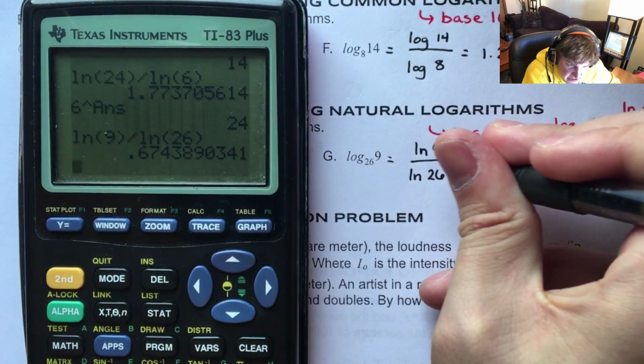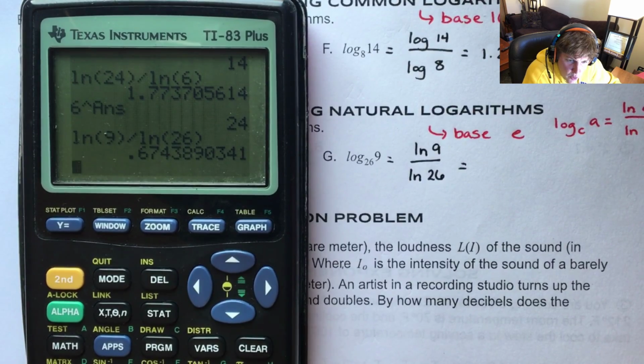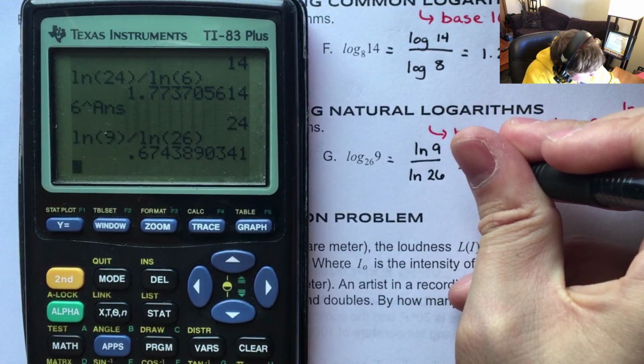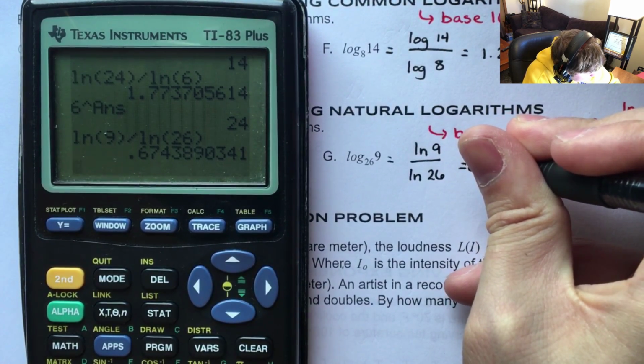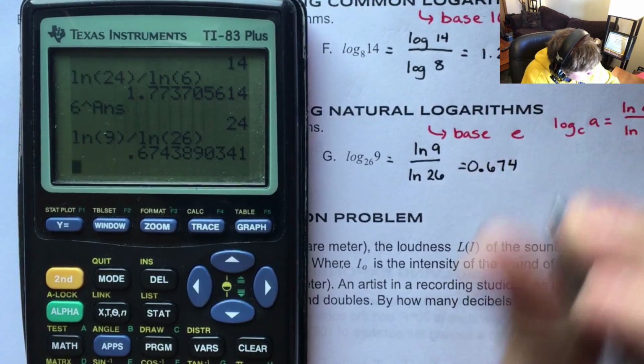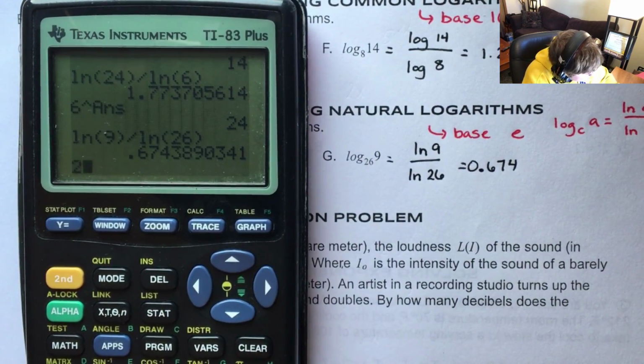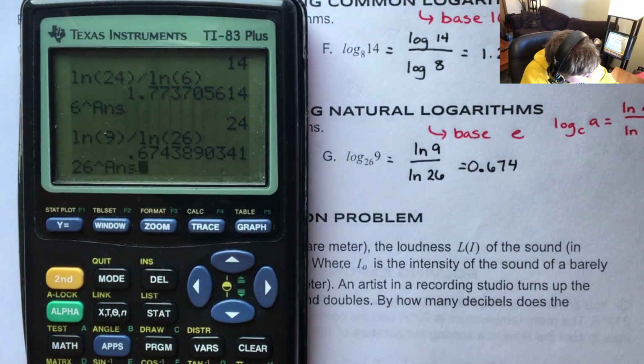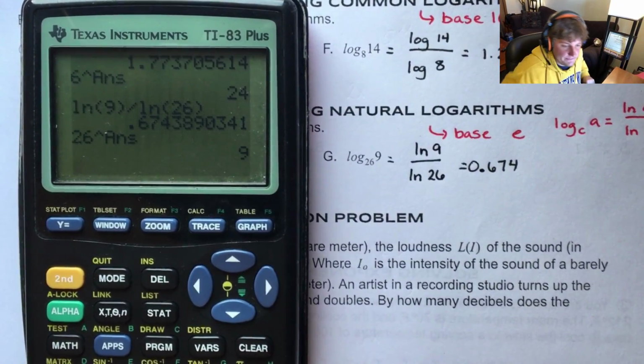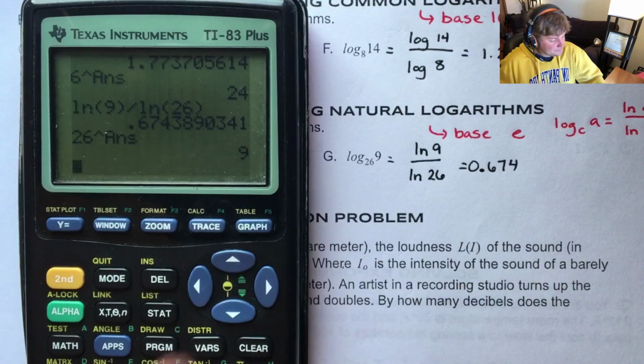This is 0.6743. That 3 is going to leave that 4 alone, so 0.674. And again, I should be able to take 26 to this power, and it's going to give me 9.